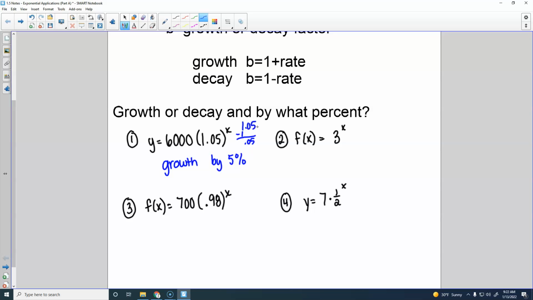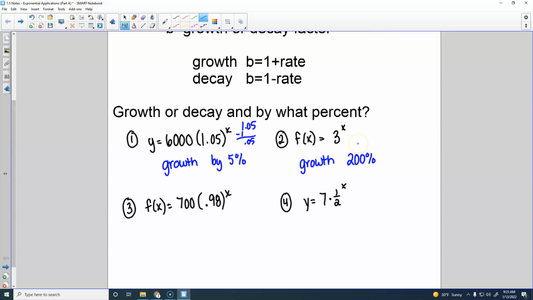All right, second one. Connor, what do you think? Growth or decay? It is growth. I know that because this number that I'm raising to the exponent is bigger than 1. What percent? It is 200%. Very good. Those are tricky sometimes, the whole numbers. So it's still like tripling. Whatever value you have is tripling.